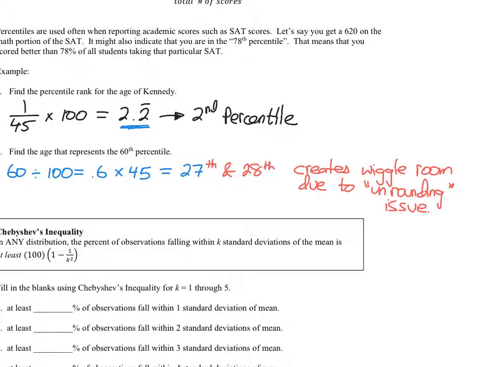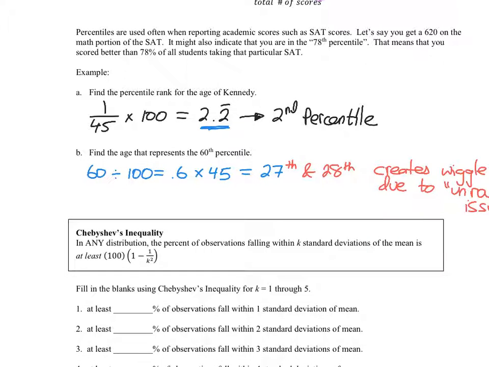Instead of trying to eyeball increasing values, what we're going to do is hit stat and select sort A, on L1, and I recommend you store it into L2.